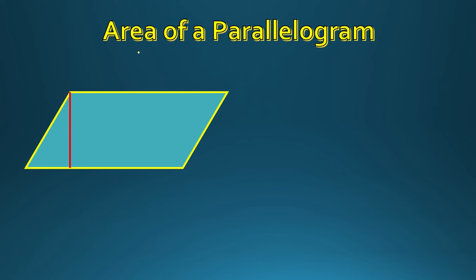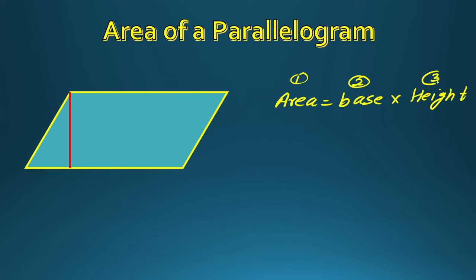Okay. See, area of a parallelogram. What is the formula for the area of a parallelogram? Area is equal to base times height. Now, in this formula, we have three things: area, base, and height. From these three things, two will always be given to you in the question.